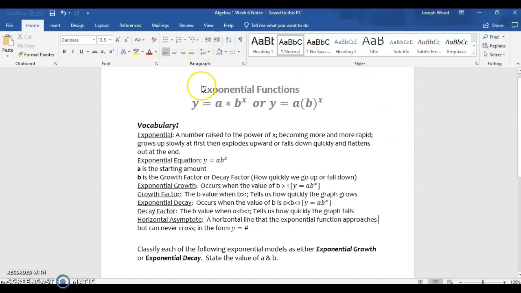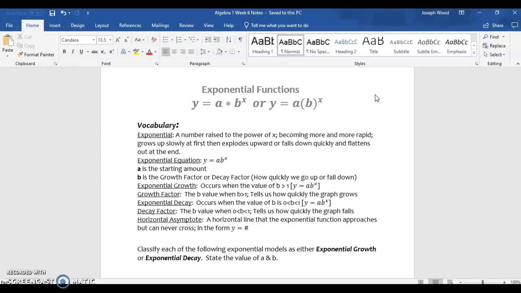Today we're going to start talking about exponential functions. At the beginning of the year and all year long, I've hinted to the fact that in Algebra 1, we study 3 main types of functions. We spent the bulk of the year talking about linear functions, the functions that when we graph them, they are straight lines.